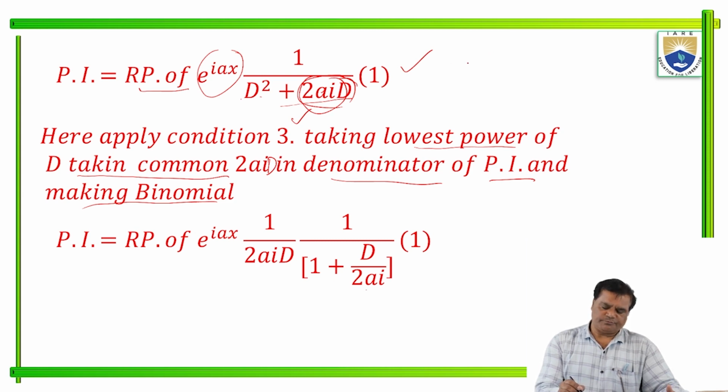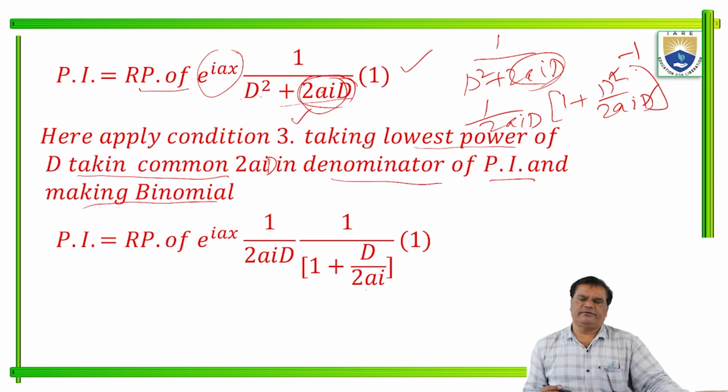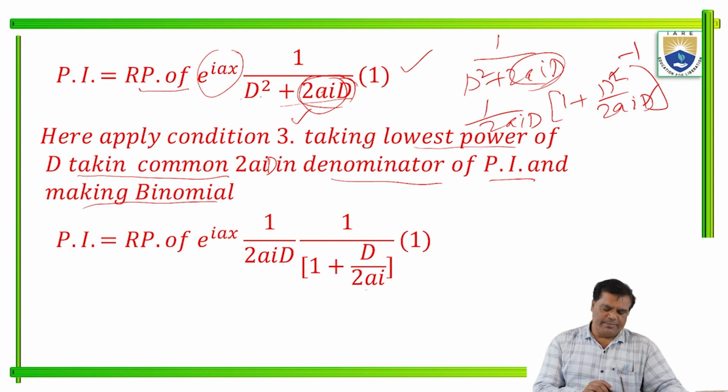So 1 upon d square plus 2aid, with 2aid common, is 1 plus d upon 2ai, into 1.